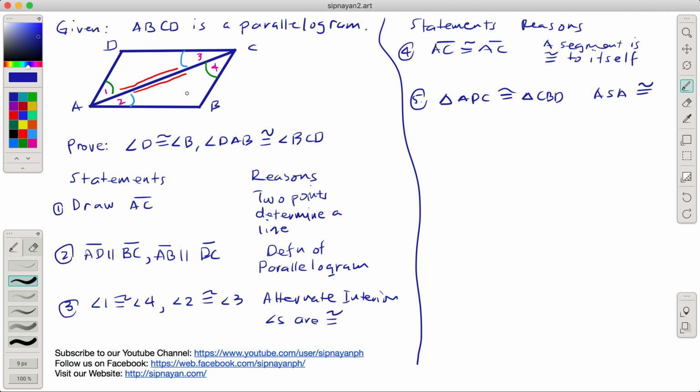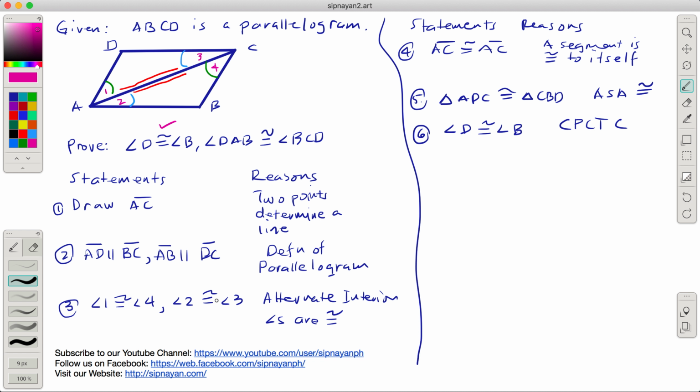So, meaning angle D and angle B are corresponding angles, which means that they are congruent. So, number 6, angle D is congruent to angle B. So, ito yung corresponding parts of congruent triangles are congruent. Okay. So, na-prove na natin yung isa. Check na to. No? Na-prove na natin to.